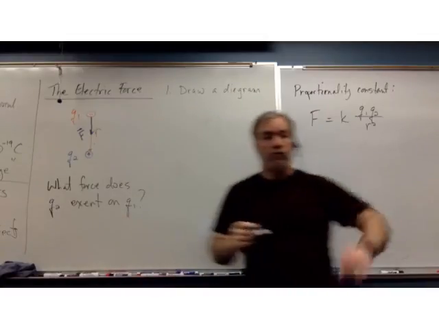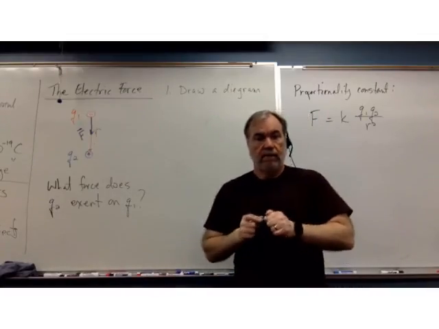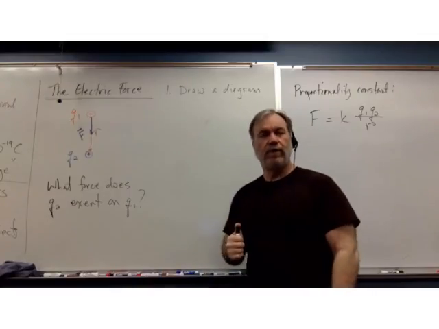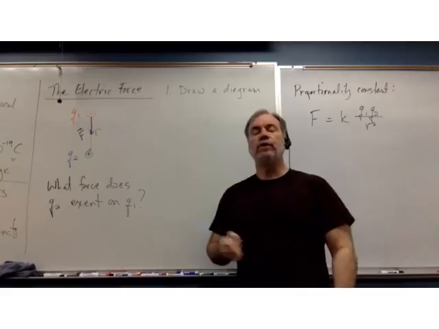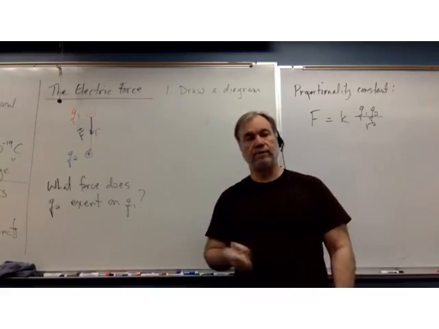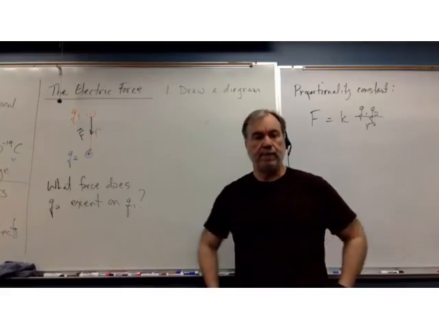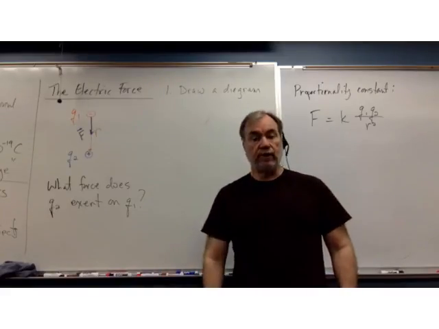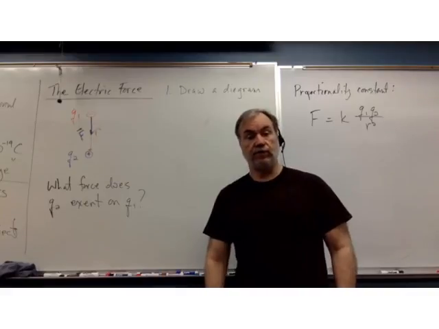Okay, we've done that. I drew my objects. I labeled them Q1 and Q2. Why Q, by the way? We universally use the letter Q, sometimes capital Q, sometimes lowercase q. A lot of times we'll mix them up in the same equation. We use the letter Q to represent electric charge.